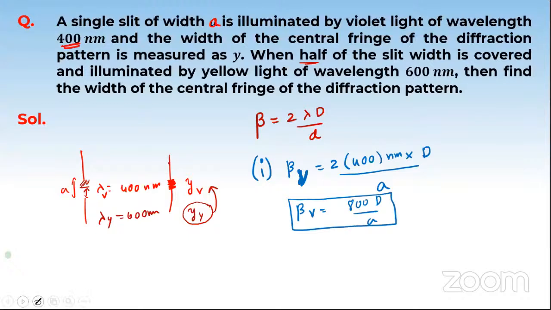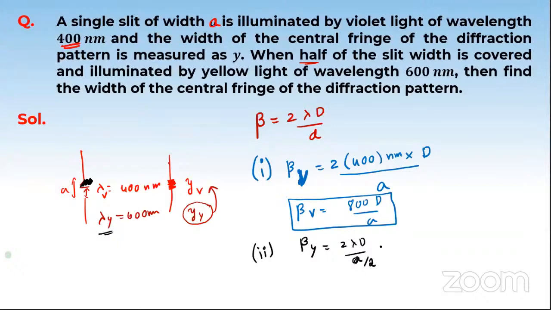Next, try to derive the same formula for the yellow light. What will happen for the yellow light? The fringe width of the yellow central fringe will be equal to 2 times lambda D by d. When they're using the yellow light, they're covering half of the slit. So when they cover half of the slit, the slit width becomes A by 2.